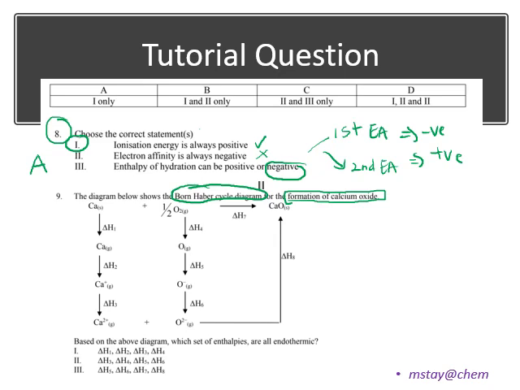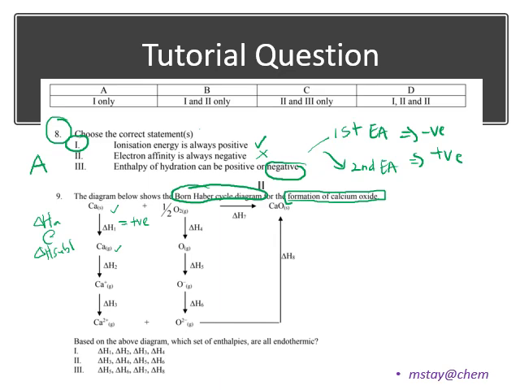Here the physical state is solid, and then turns to gas. So this is enthalpy of atomization or enthalpy of sublimation. For atomization we need energy, so delta H1 is a positive value.